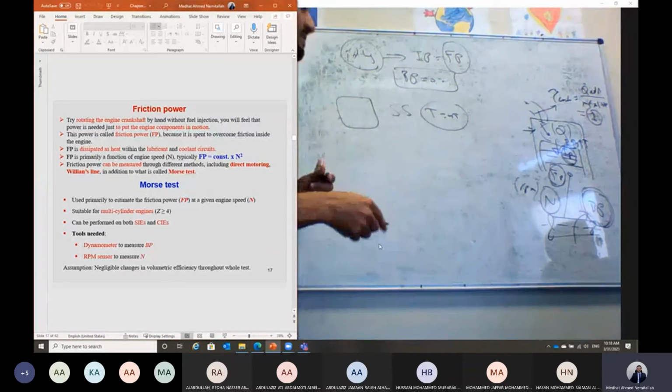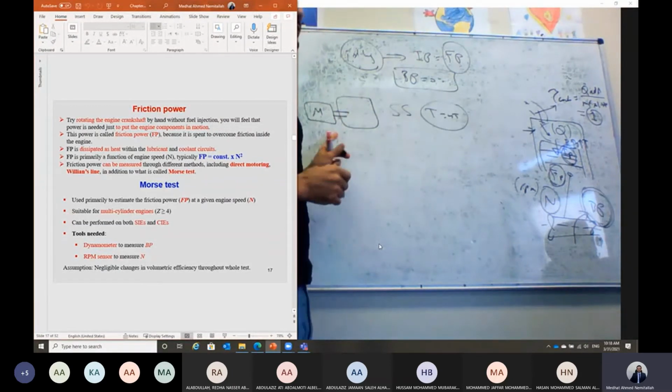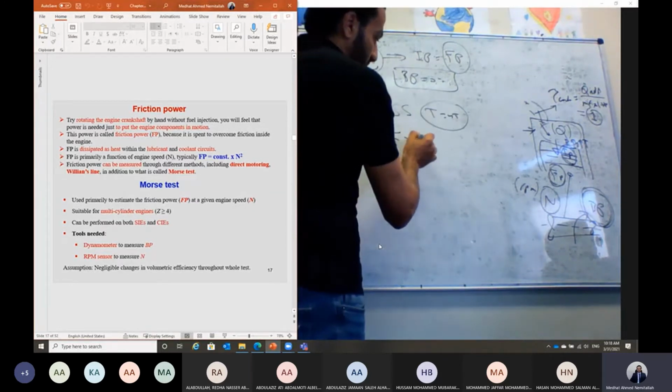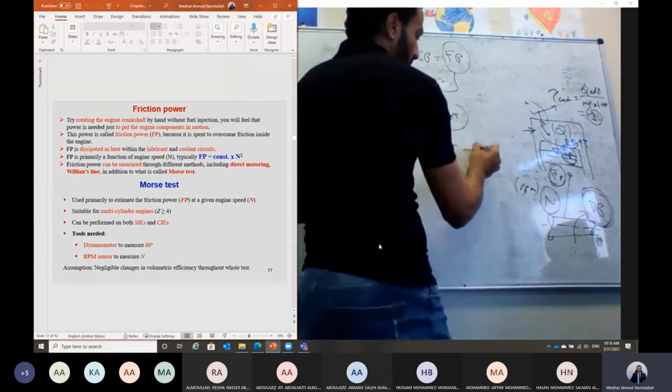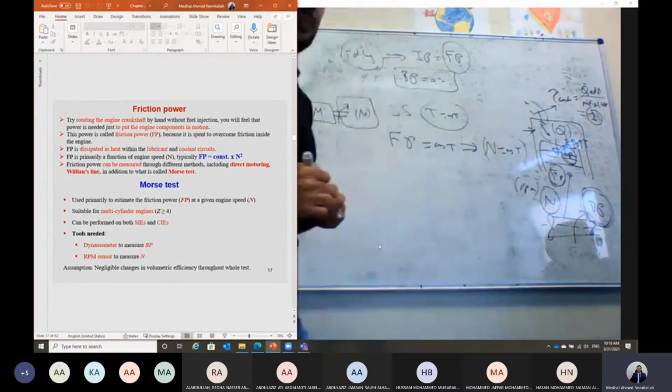we can just disconnect the fuel and connect it to an electric motor. This electric motor will be driving the engine at the same RPM. The friction loss power is fixed when the RPM is fixed, so it is a function of the RPM of the engine.